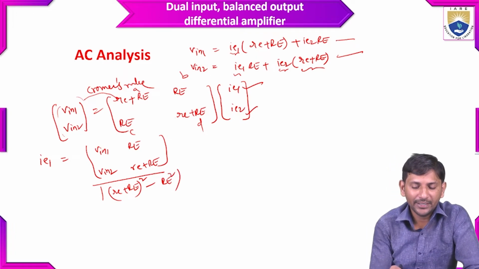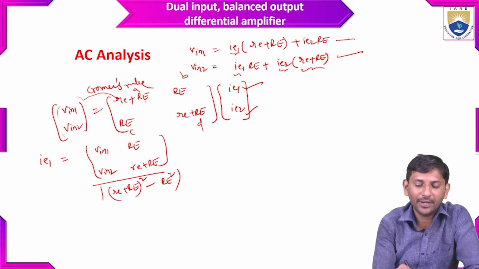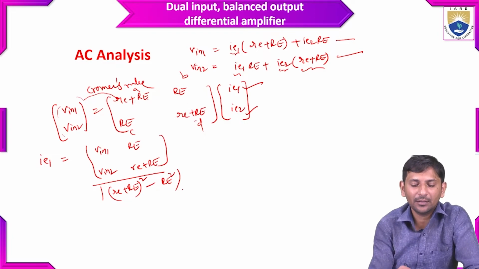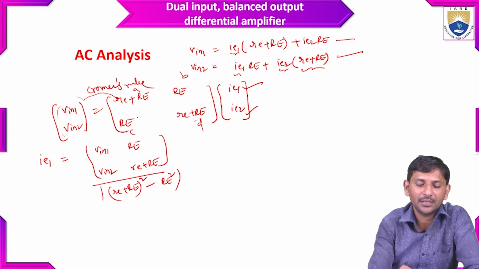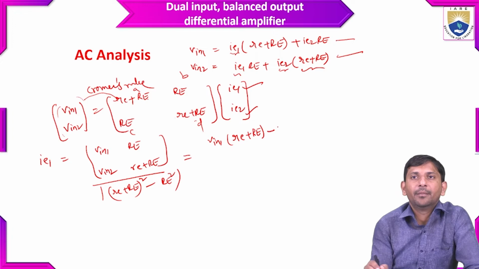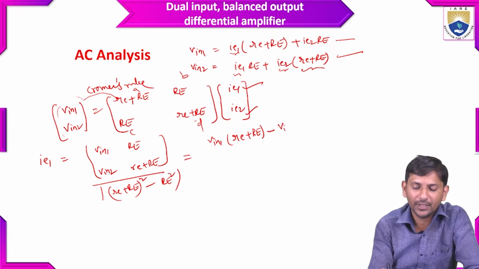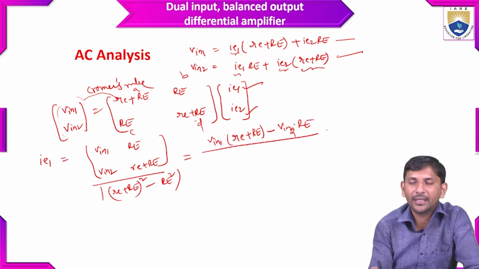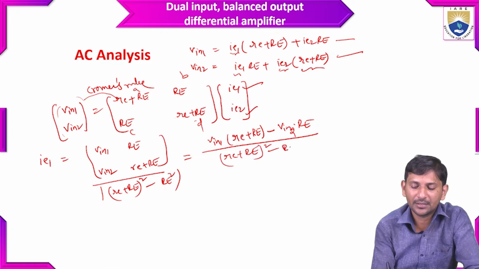So by that, AD minus BC: (RE plus RE) into (RE plus RE), plus (RE plus RE) whole square minus RE into RE square. If you simplify this one, Vin1 into (RE plus RE) minus Vin2 into RE, divided by (RE plus RE) whole square minus RE square.